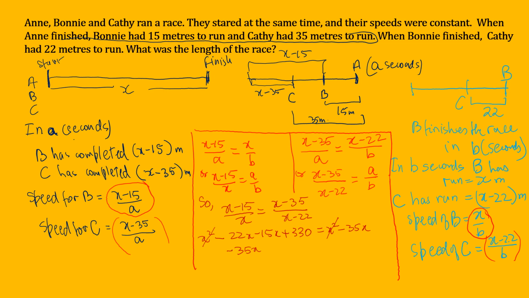So we will get 37x minus 35x equals 330, which gives me 2x equals 330, and that gives me x equals 165 meters.